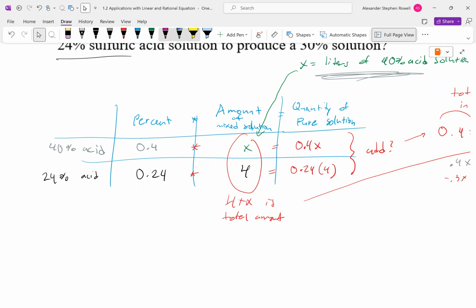What if it was asking, what's the amount of the 30% solution? What would the answer be? Yep. We need to add together 6.4, very good. 6.4 liters.